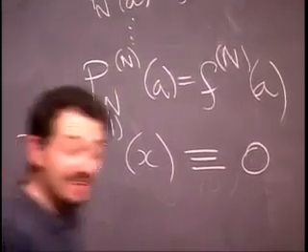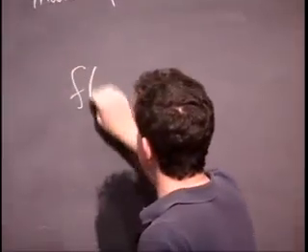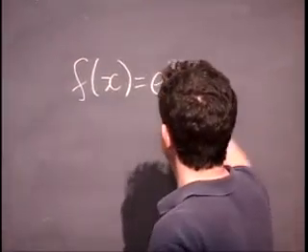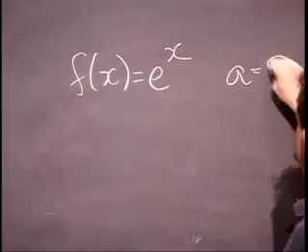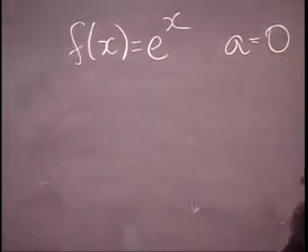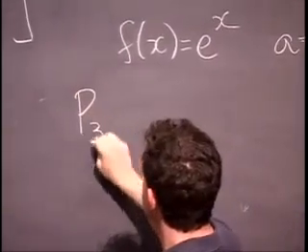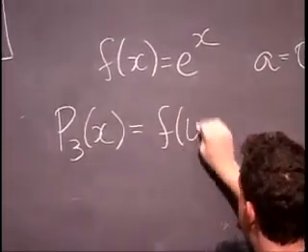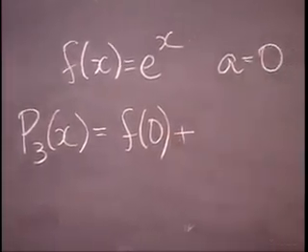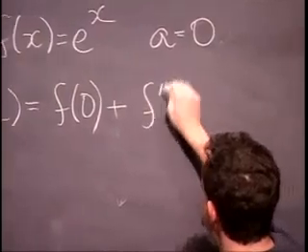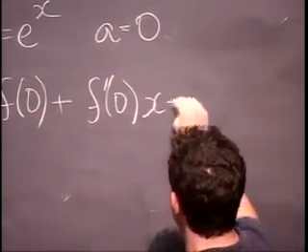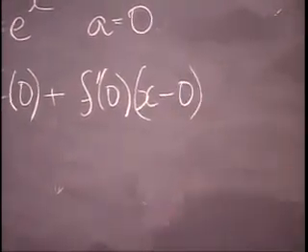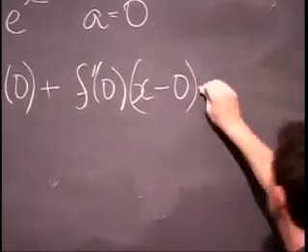By the way, if f of x equals e to the x and a equals 0, what is p3 of x? Well, p3 of x in general is f of a, plus f prime of a times x minus a. Notice that I'm substituting on the fly a equals 0.